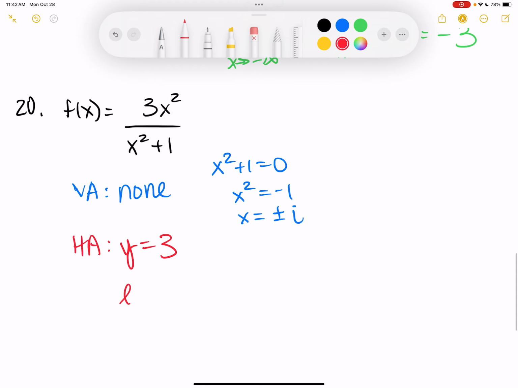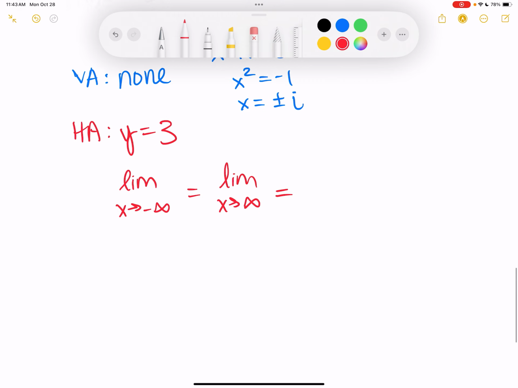So the limit as x approaches negative infinity is equal to the limit as x approaches infinity is equal to. So if I plug in a really, really big number for x, what happens? It goes where? Positive. Yep. Specifically 3.